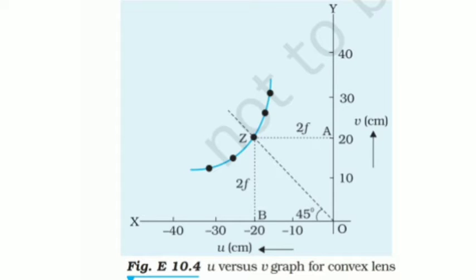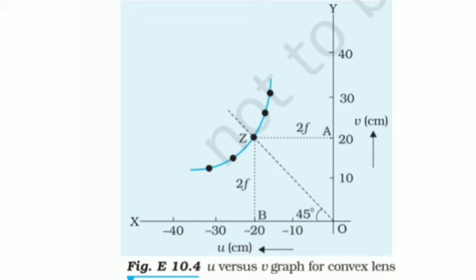On the curve, the point is marked as Z, and the perpendicular drawn to the y-axis meets at point A, and the other meets on the x-axis at point B. Now, the distances OA and OB can be measured.